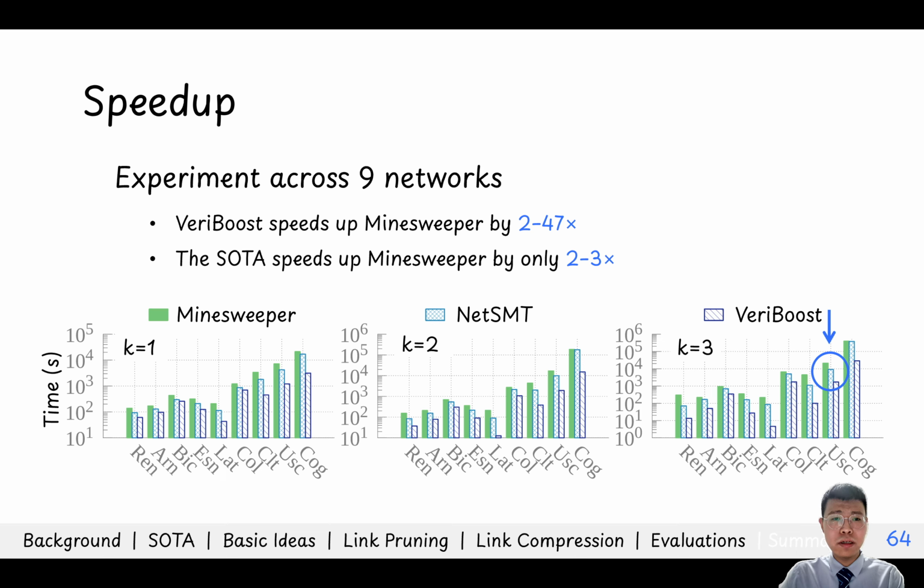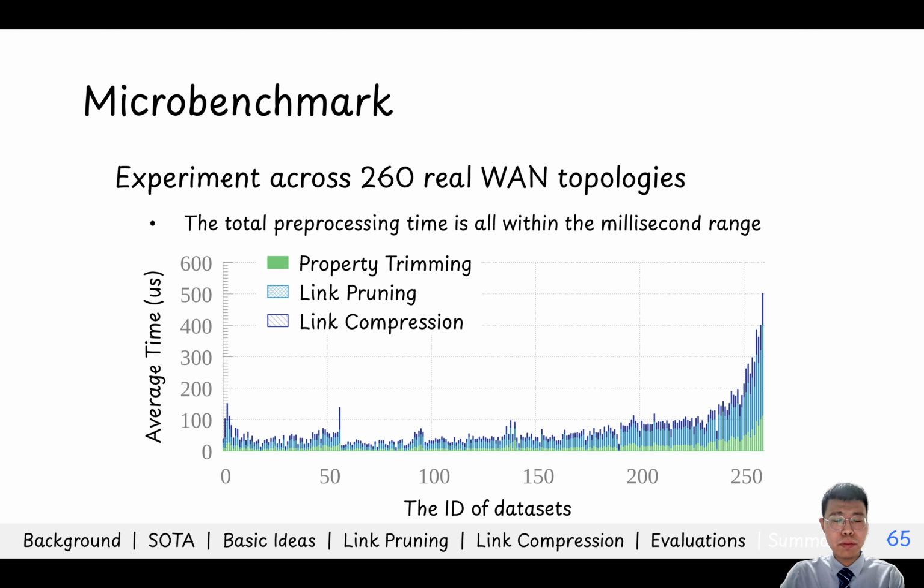This shows that when the tolerance value is larger and the network is more complex, VeriBoost achieves greater speedup. And all pre-processing steps, including property trimming, link pruning, and link compression, take only milliseconds to complete.